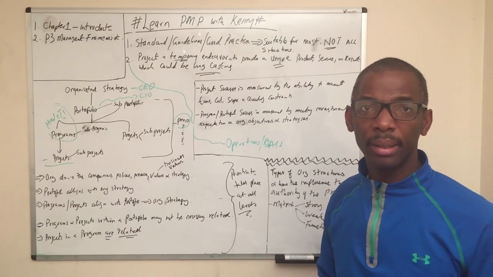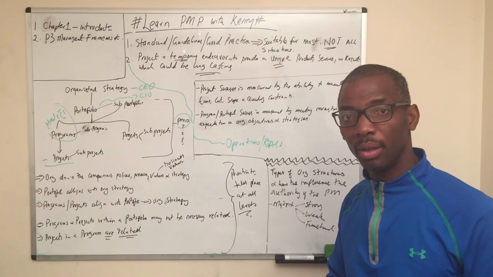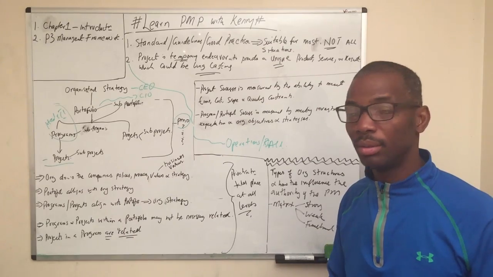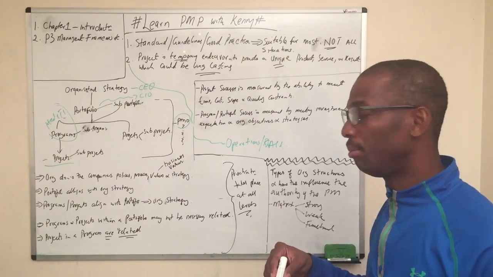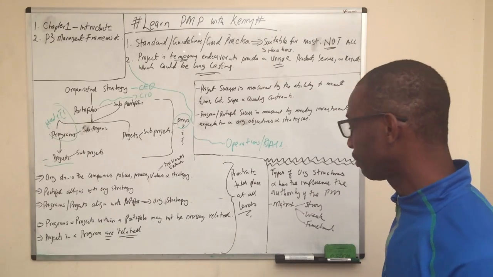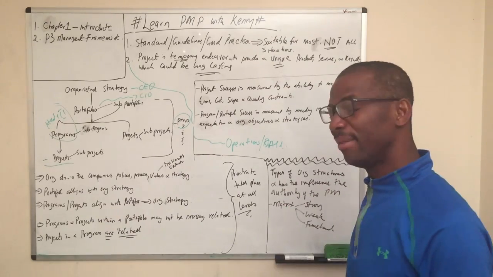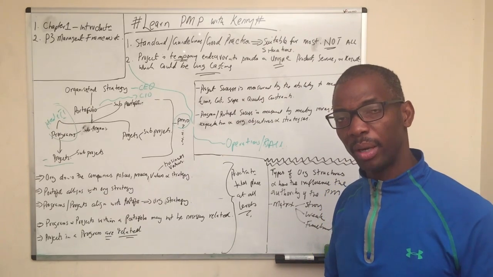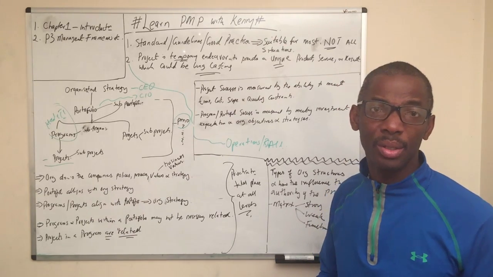I'm going to take a short break. Probably this may be the end of the video. I haven't decided what I'm going to do when I go on to edit it, but if I don't, then when I come back, I'm going to talk about the types of organizational structure and how they influence the authority of the project manager. What I mean by that is I'm talking about matrix organizations.